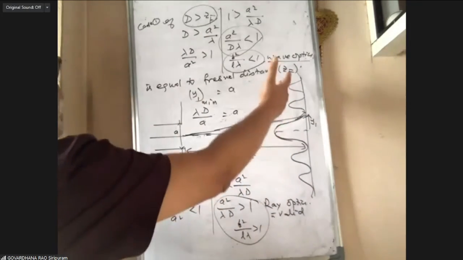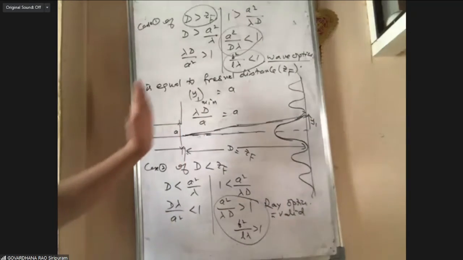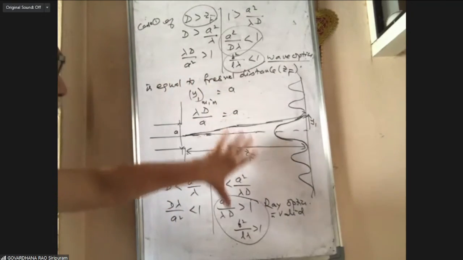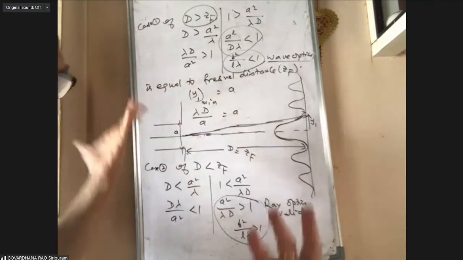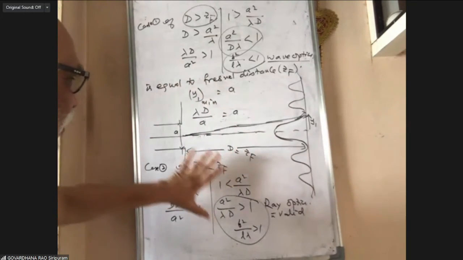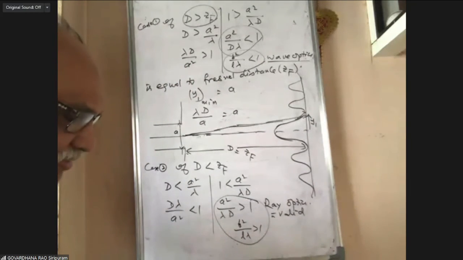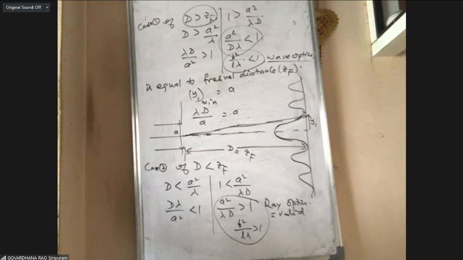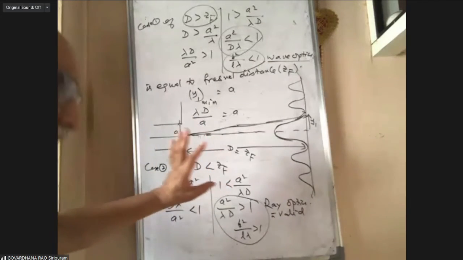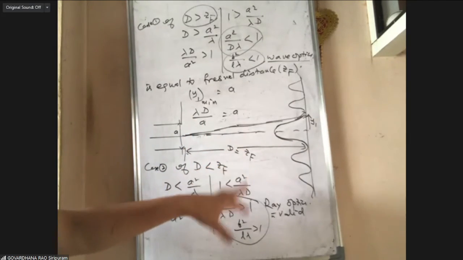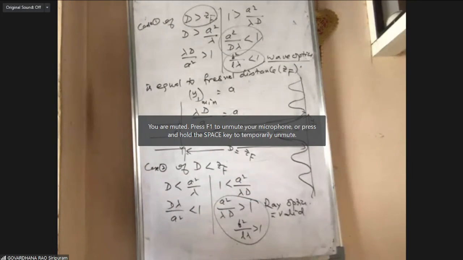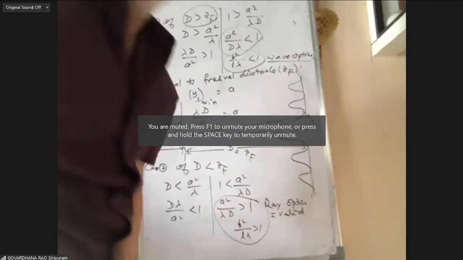You won't get it on the screen, on the mirror. After reflection, somewhere you will get it, and you will get illumination here. Nothing will be seen. Here, this experiment is conducted to see the diffraction. Next, resolution.